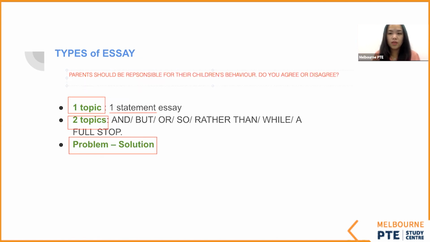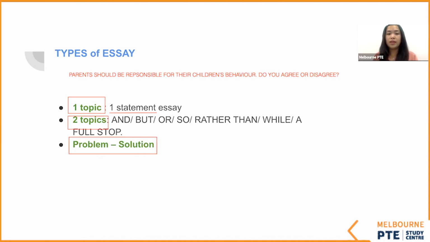So for a one topic essay, they only give you one statement, or normally only one topic. Very easy to find out. Parents should be responsible for their children's behavior. Do you agree or disagree? So this is the statement they give you. This is the topic. Okay. So that is a one topic essay.